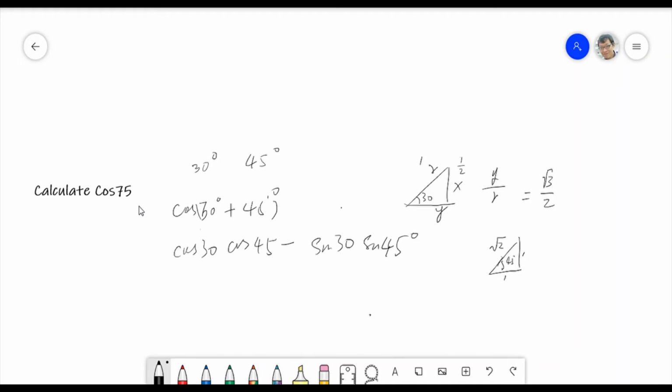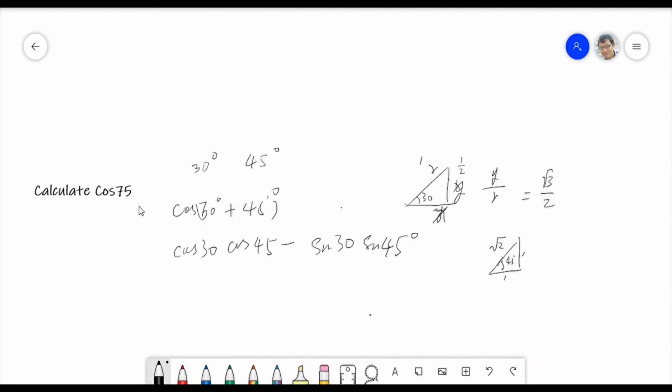What is cosine 30? We remember for the 30 degree angle, the speciality is that y is 1/2 of r. So r is 1, and y is 1/2.